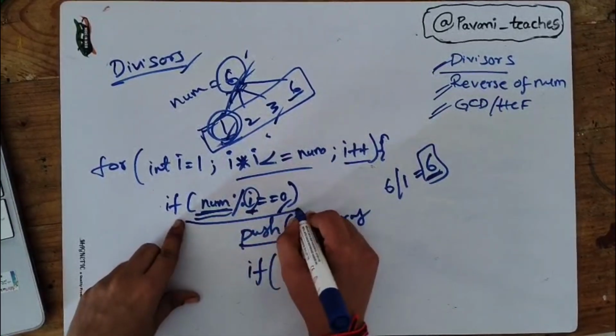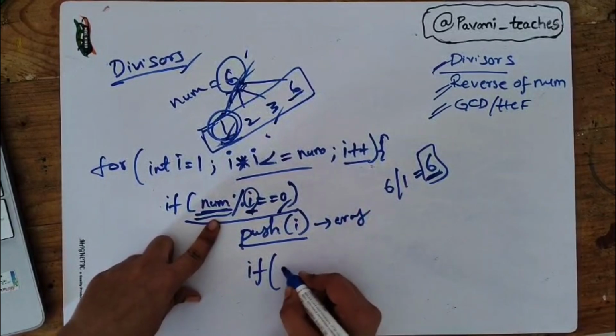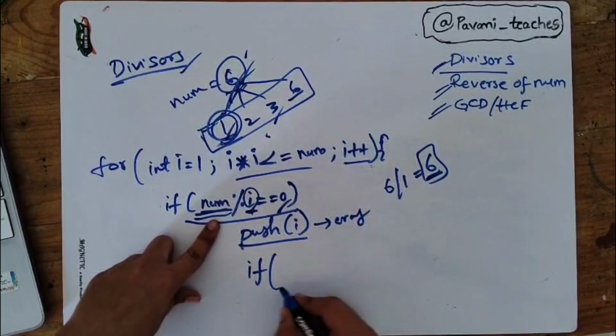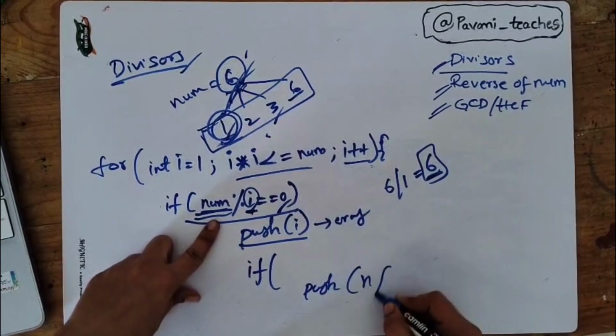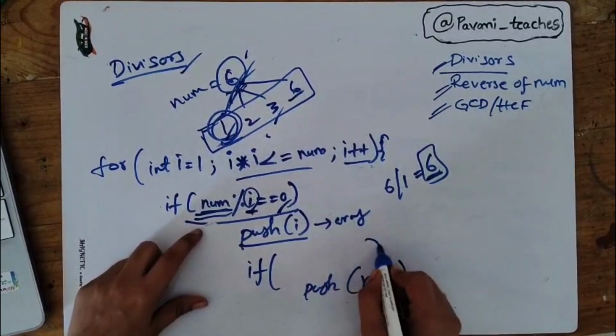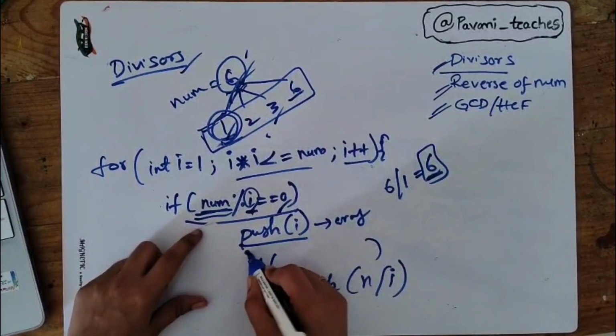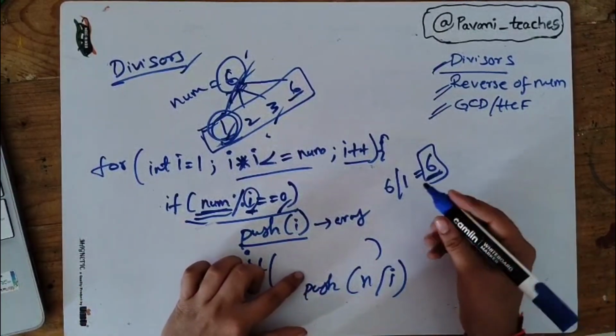If this condition applies, then we have to push n by i also.